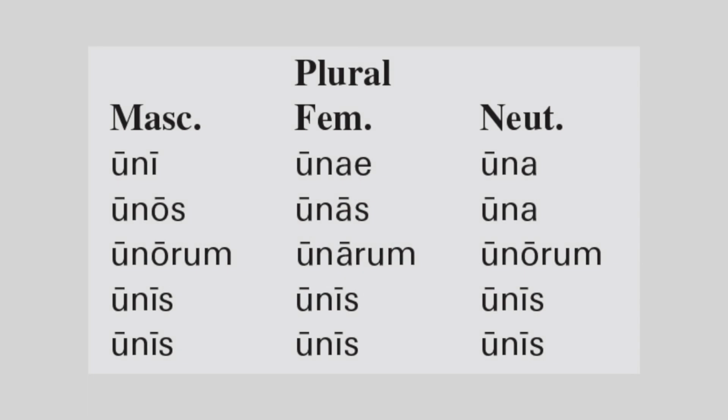The second reason why we need the plural of unus is that some other adjectives decline like unus, and therefore we need to learn the pattern, and unus is the one we learn. Okay, now in the plural, uni, unae, una, unos, unas, una, unorum, unarum, unorum, unis. In other words, it goes exactly like bonus. There is nothing funny at all about unus in the plural.